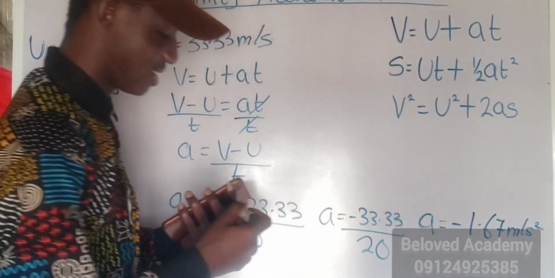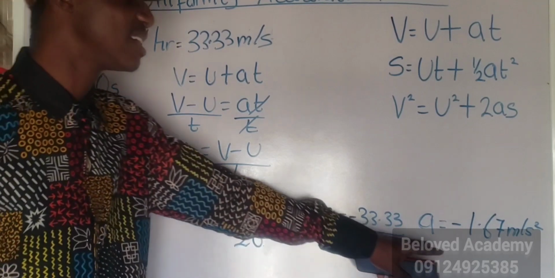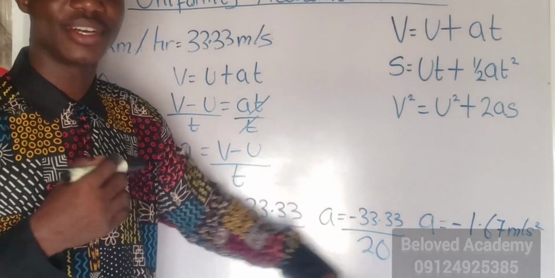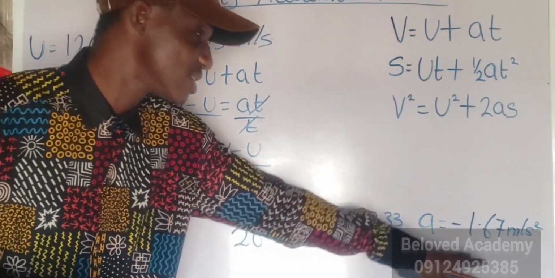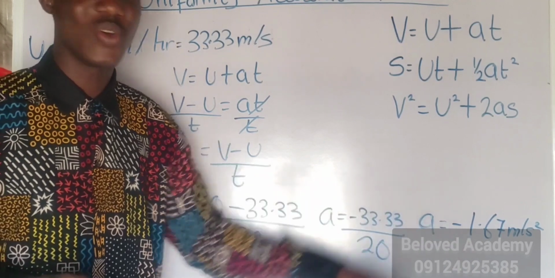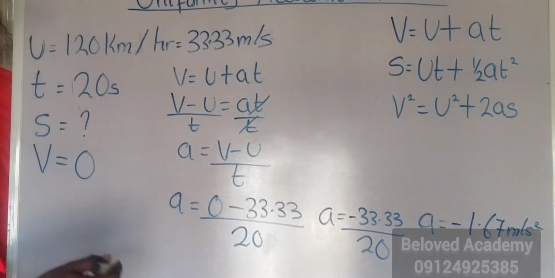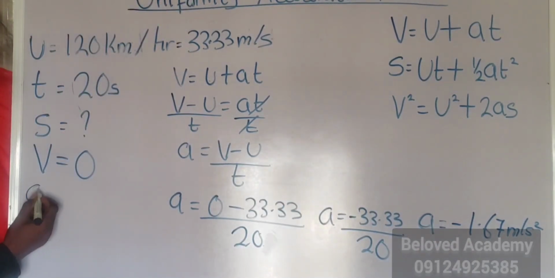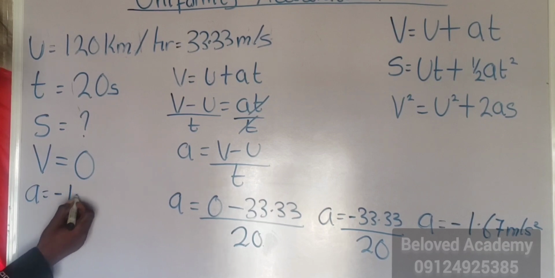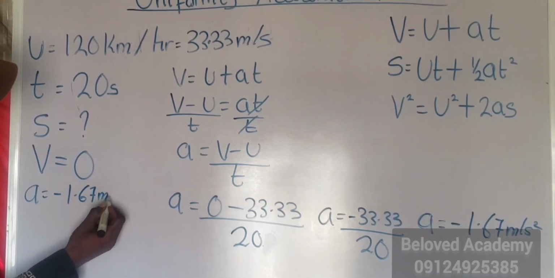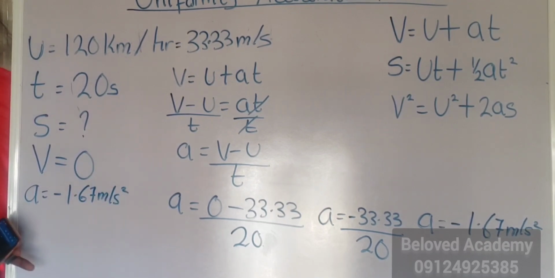You can see this kind of acceleration is retardation. Retardation is negative acceleration. Actually, you can see that it has a negative sign. So the acceleration is A is equal to minus 1.67 meters per second squared. Now, we can easily determine the distance, because we know the acceleration.